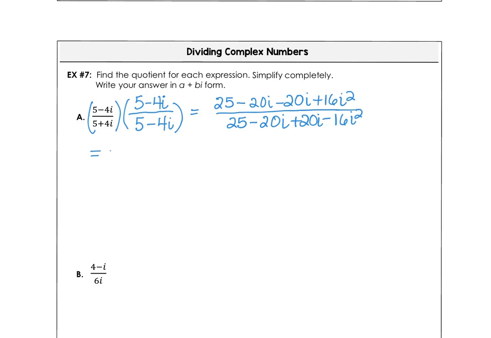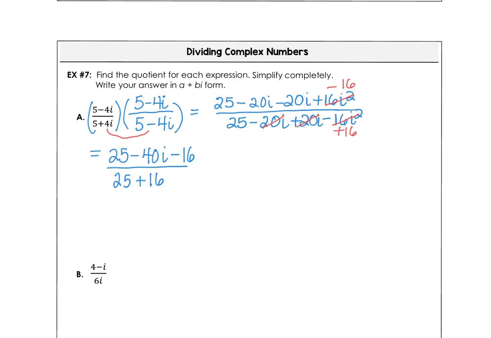Simplifying the numerator, we have 25 minus 40i minus 16, because this becomes 16 times negative 1. In the denominator, we have 25, and then the middle i terms disappear because we had conjugate pairs here. And then the minus 16i squared becomes plus 16 with the definition of i squared.